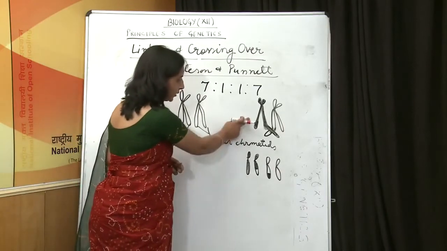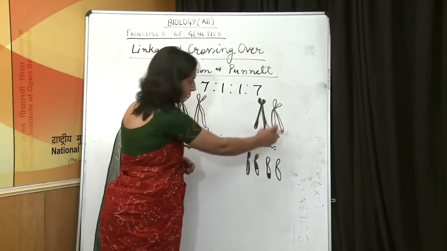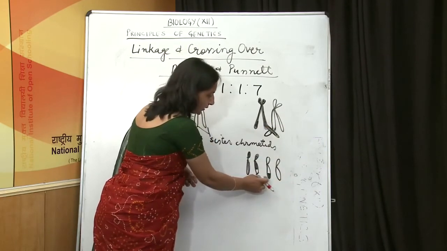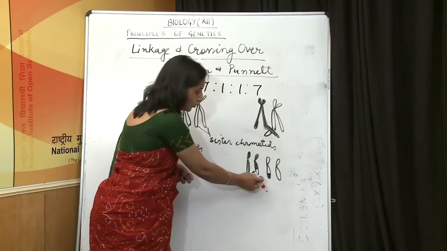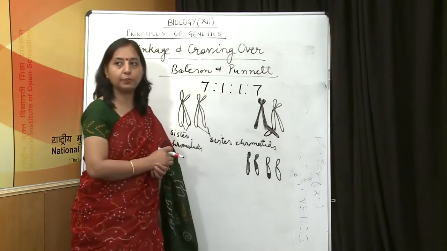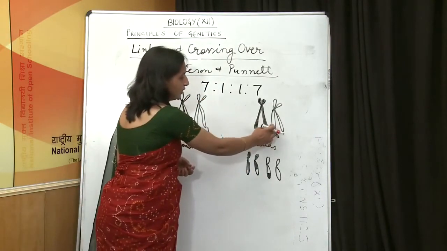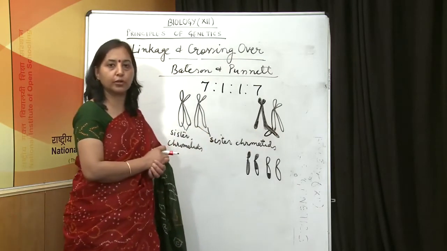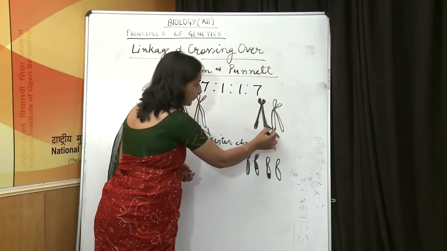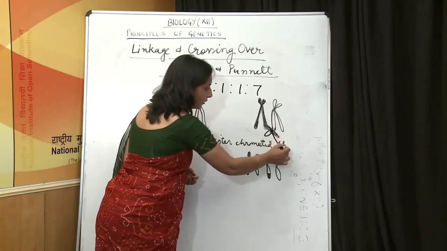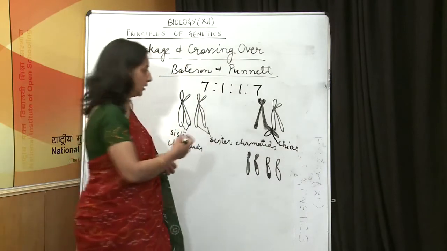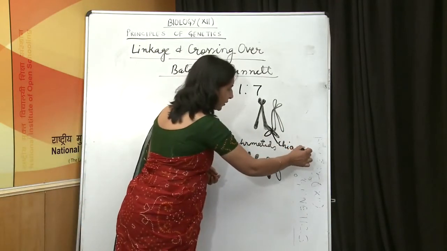This is just similar to the parent, so parental combination. This is again similar to the parent, parental combination, and these two are recombinants. These two new combinations are only possible when there is exchange of genetic material between non-sister chromatids, and the point where the actual physical contact takes place is called chiasma.